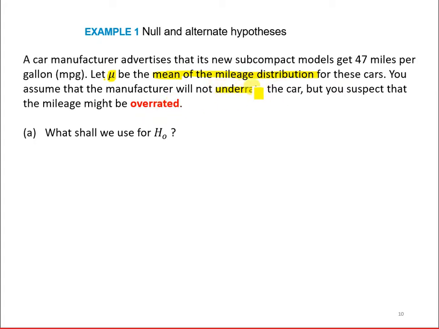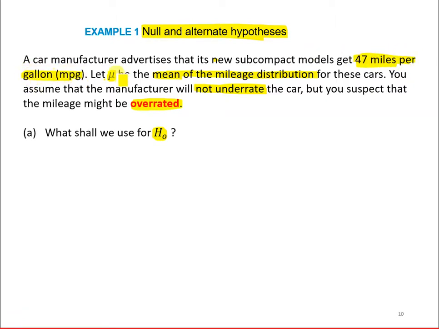You can see here the words underrate and overrate. For this scenario, you need to phrase the null hypothesis and the alternative hypothesis. So what shall we use for H naught? The person is claiming that this new model will give you a mileage of 47 miles per gallon.